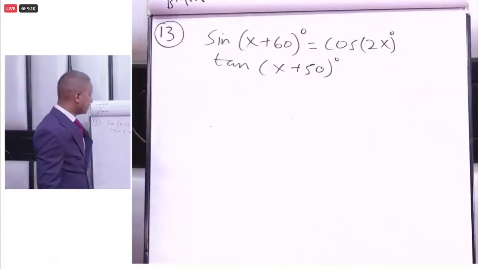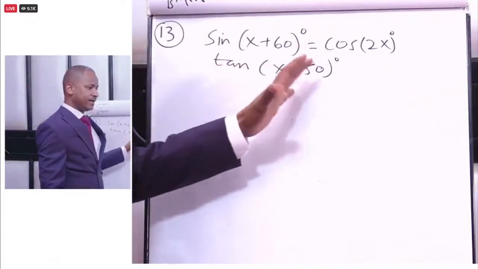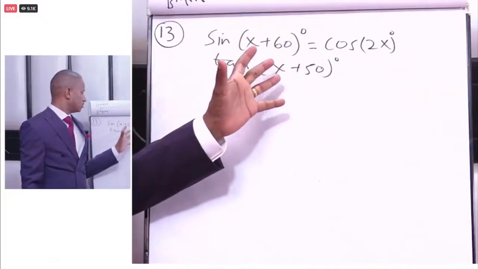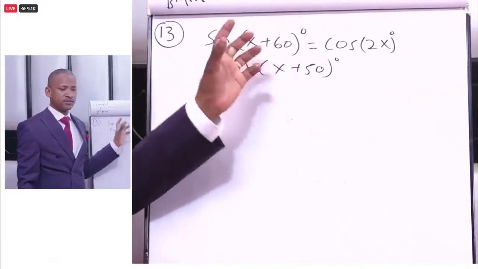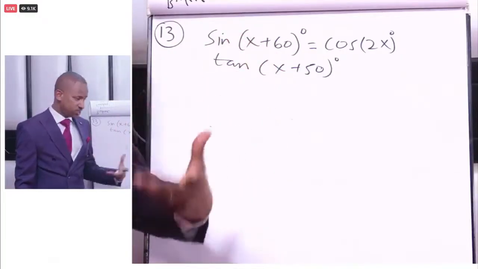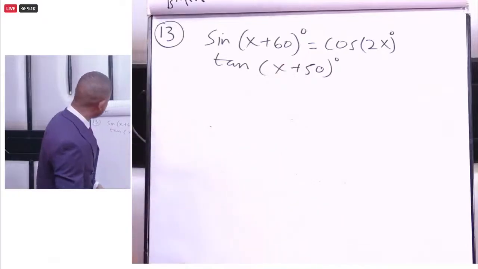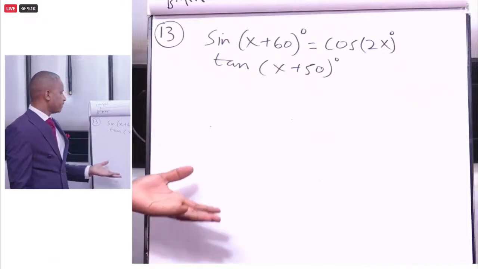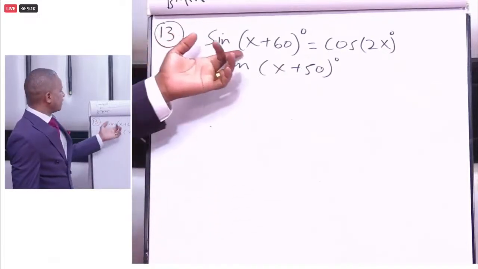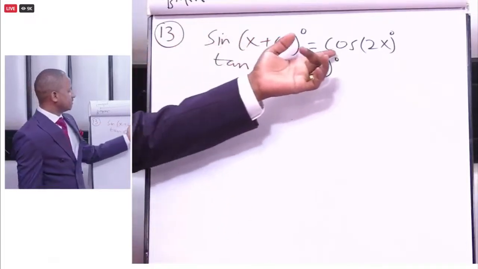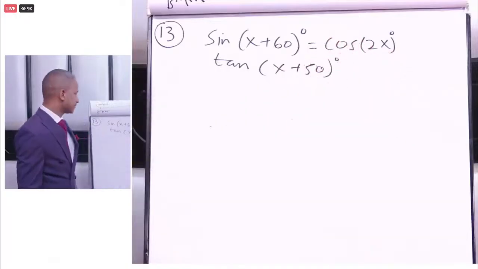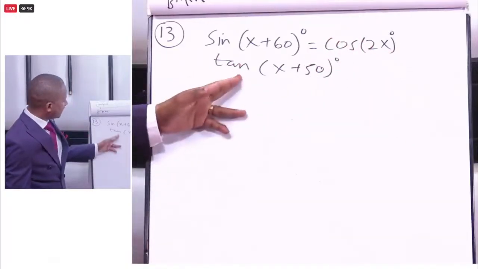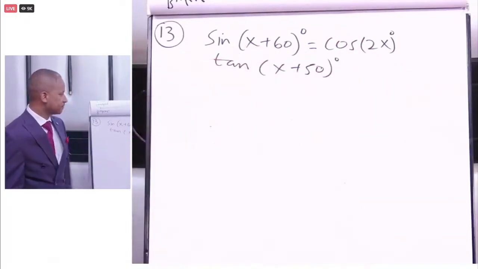Class, I want to explore the different ways by which this can be set, and I want to deal with this in detail so that any question that comes on trigonometry, you will automatically score it. Sine of x plus 60 equals cos 2x. Find tan of x plus 50.